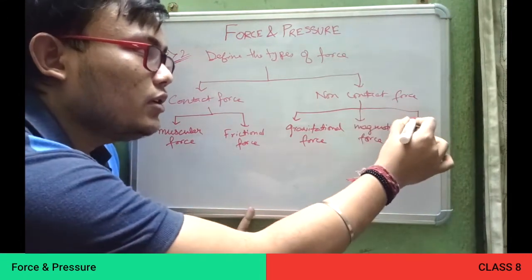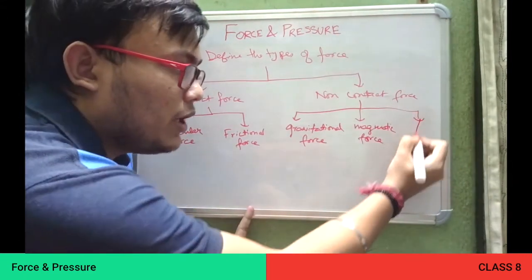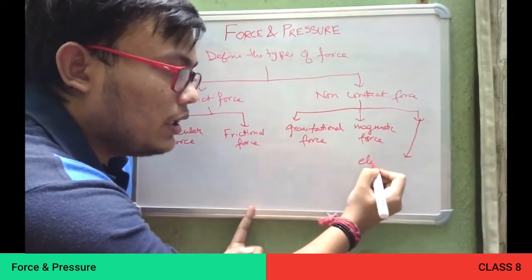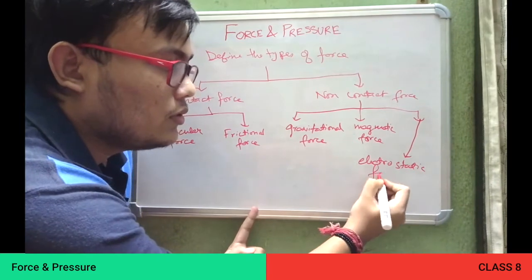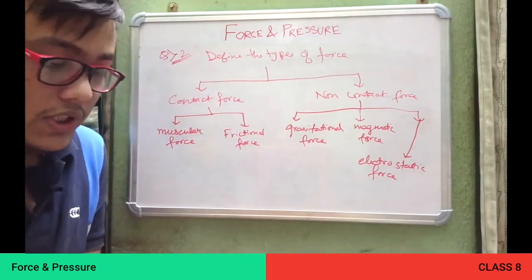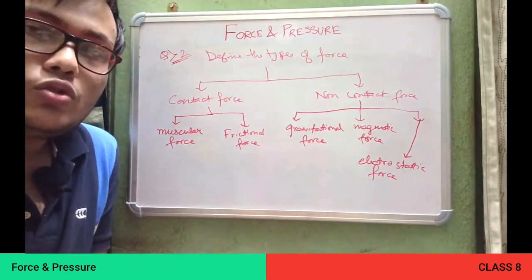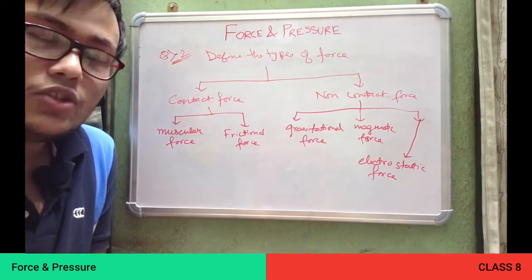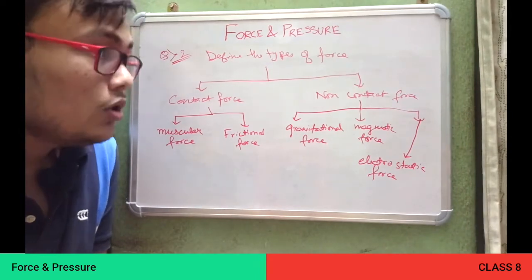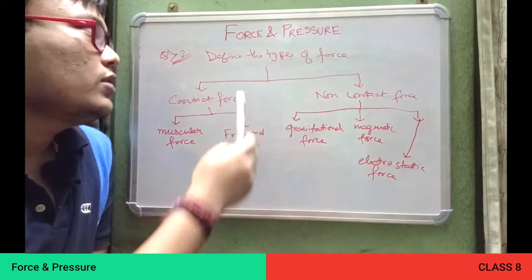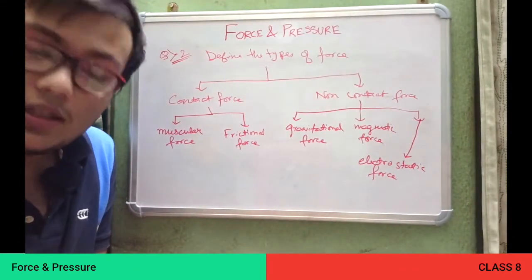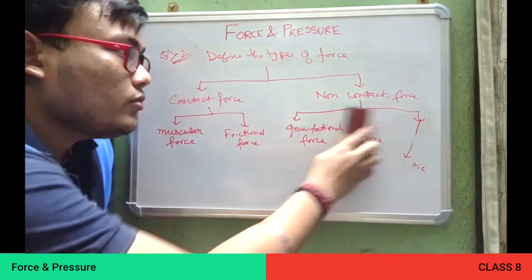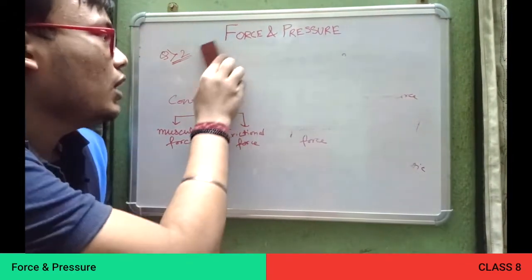And lastly, electrostatic force, the force which exists between two charged objects, or a charged object and a non-charged object. So when you are asked to define the types of force, you have to explain details about all the types and their classifications.